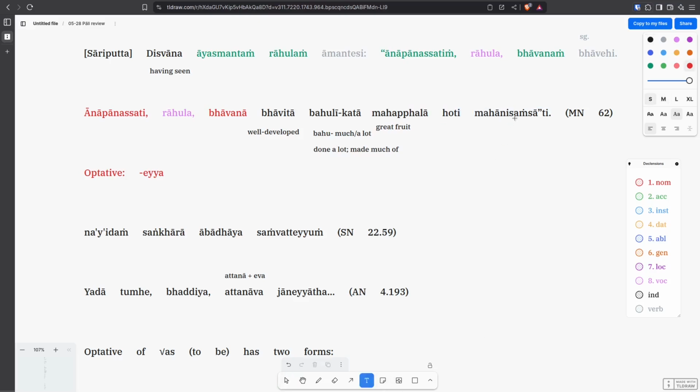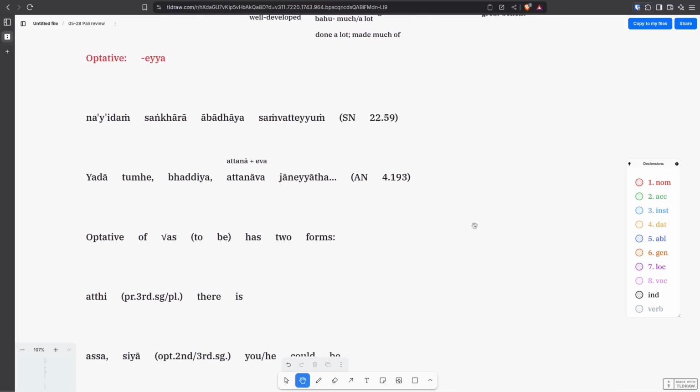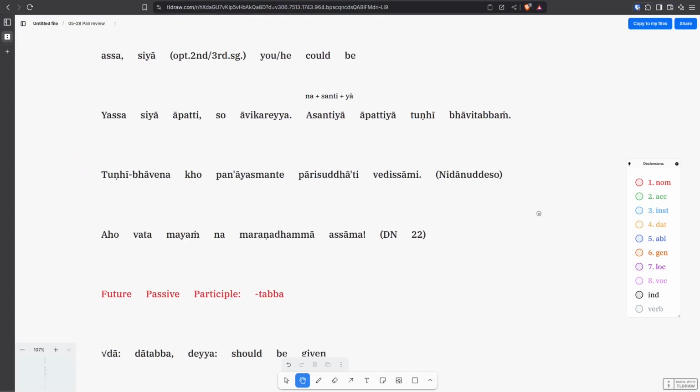It has great benefit, this is Maha Anisangsa, great benefit. So these are the past participles to recognize. Okay, there's quite a lot that I put on the sheet for you for today. I see now we're not going to get to the end of it, but let's see.